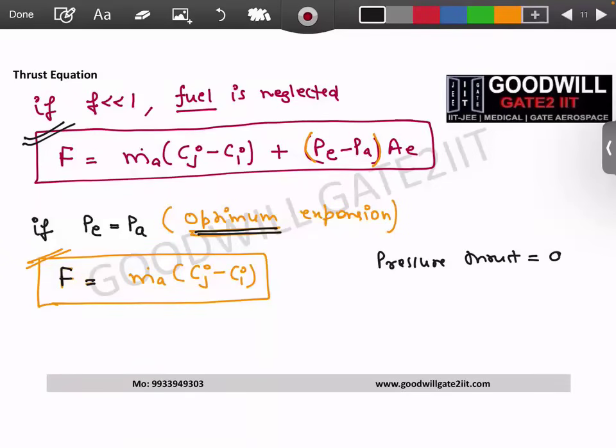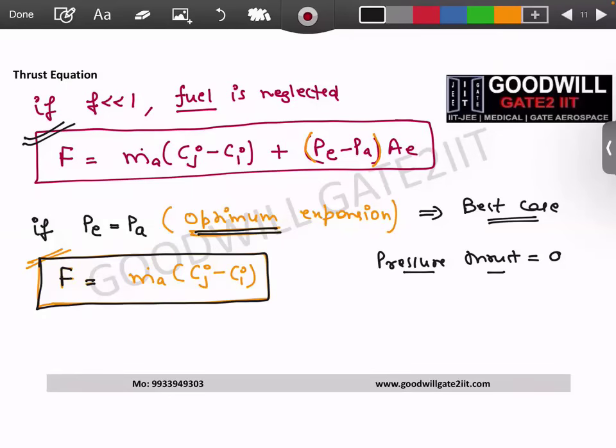And this is the reason almost every one of you has responded that this is a bad case. But now I want you to understand this is the best case. And in this case, the thrust produced is maximum. So at least one misconception is removed: that pressure thrust is zero, so your thrust is less, and that is the reason it is bad.